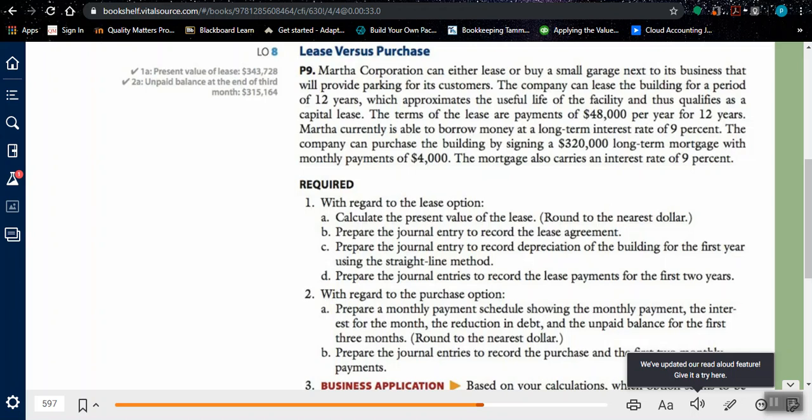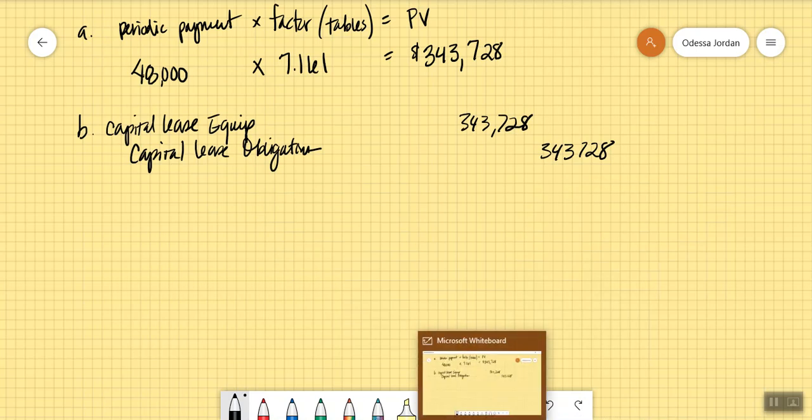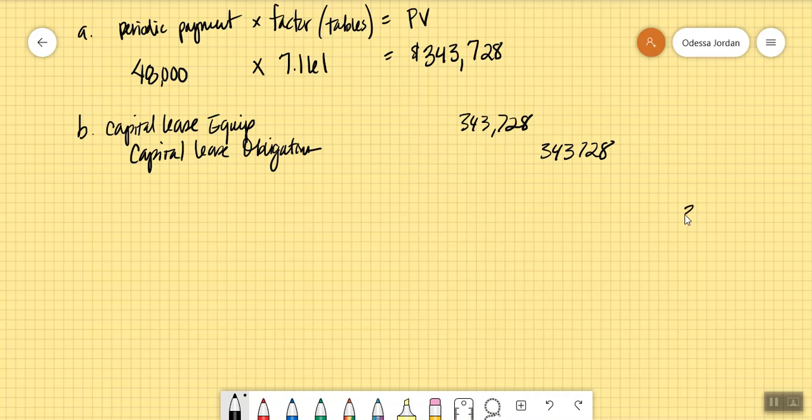So the next thing they want you to do is to record an entry for the depreciation of the building for the first year using straight line. So remember when we're talking about straight line, that's just equally dividing up the depreciation over the life of the asset. In this case, the life of the asset is 12 years. So you take the sidebar calculation, the 343,728, you divide that by 12 years, and that's where you get the 28,644.